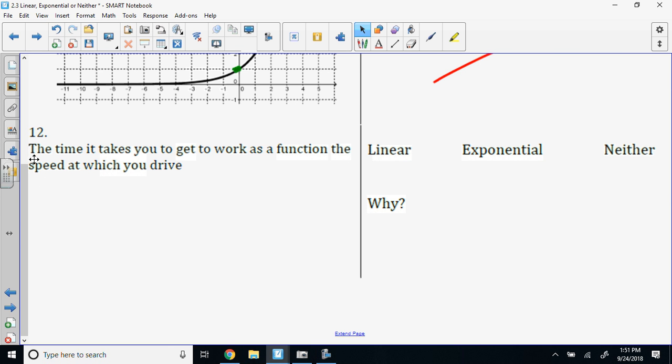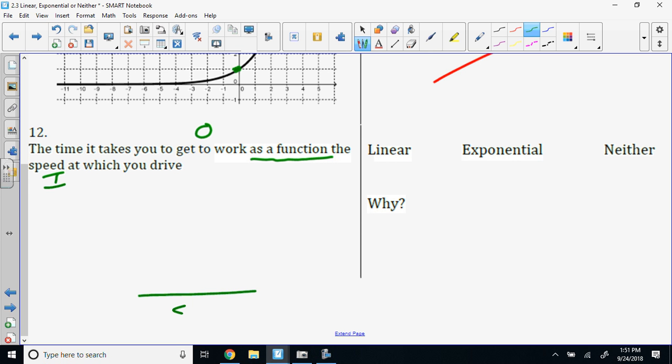Okay, so the time it takes you to get to work as a function of the speed in which you drive. Now, what you have to understand is this: as a function, the output is what? So the input is what? Speed. What's the output? Time. Is that linear, exponential, or neither? Well, the slower the speed, the greater the what?